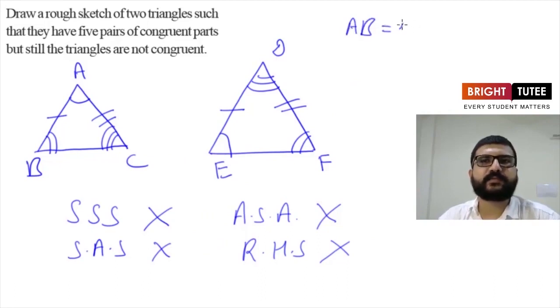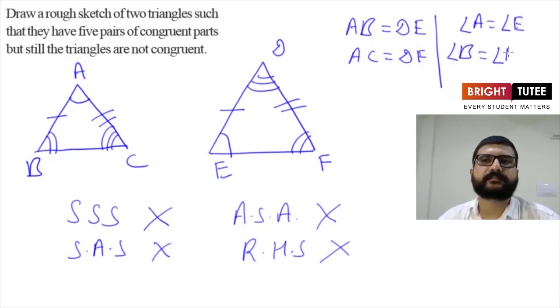AB is equal to DE, AC is equal to DF, and for angles we have angle A equal to angle E, angle B equal to angle F, and angle C equal to angle D. So these are the 5 pairs of congruent parts between these two triangles, but still the triangles are not congruent, and the rough sketches are here. As we can see, triangle ABC and triangle DEF.